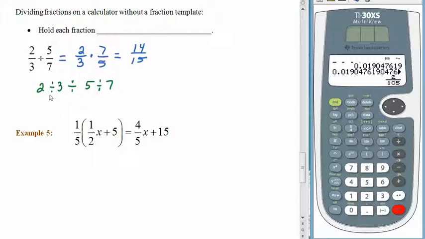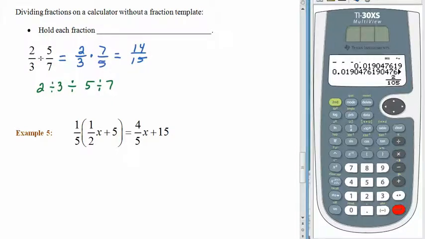What happened was that 2 got divided by all of these things because your calculator's following the order of operations. What we really want is to say, I want this whole number right here. This complete 2/3 is one entity. I want to take this value and divide by this other value, which is 5/7. In order for your calculator to do what needs to be done, we have to say first fraction in parentheses divided by the second fraction in parentheses.